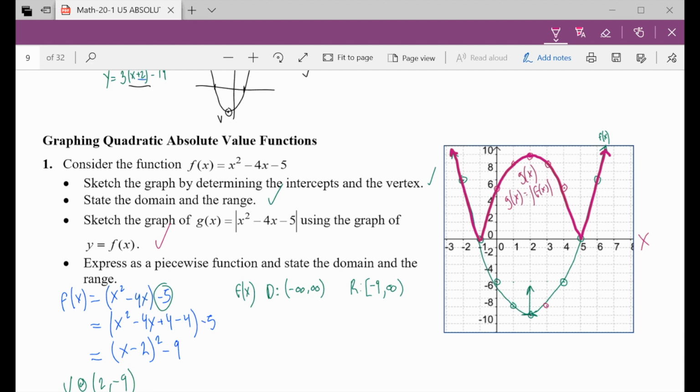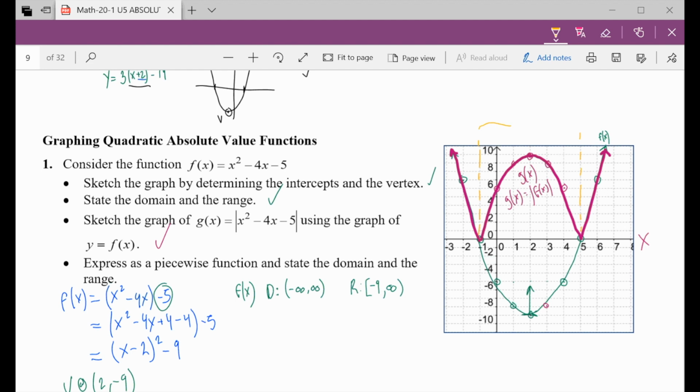And now express the piecewise function and state the domain and range of g of x. All right. So for the piecewise function, there's going to be two parts of it, just like there were two parts in the line. Instead of one tipping point, the x-intercept for a straight line, there are now 2 points.